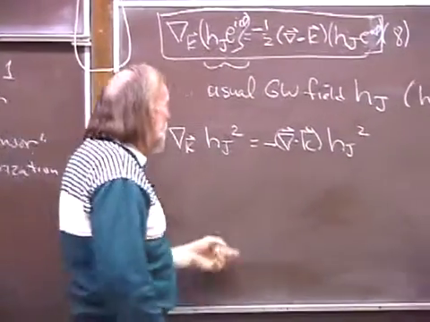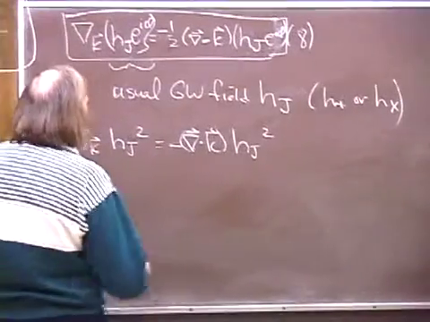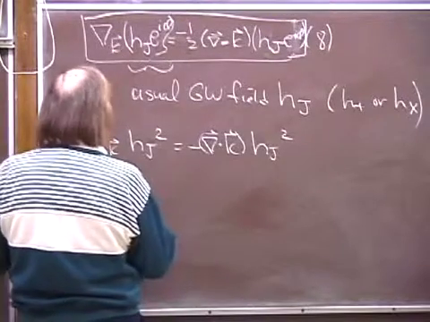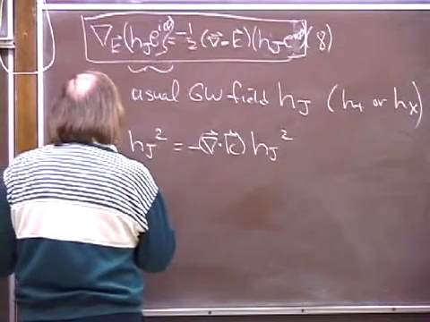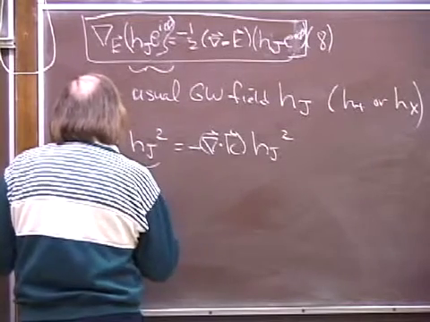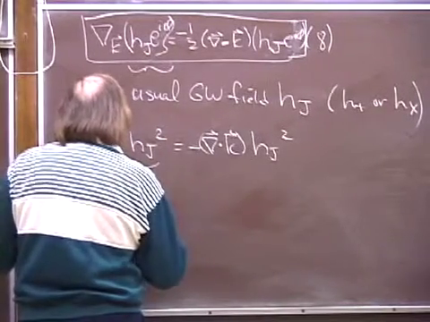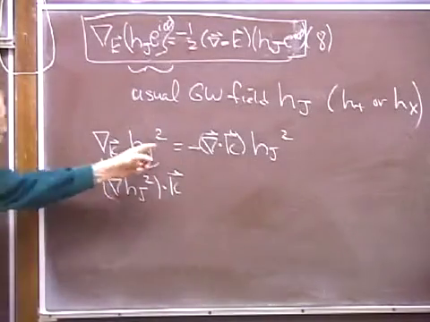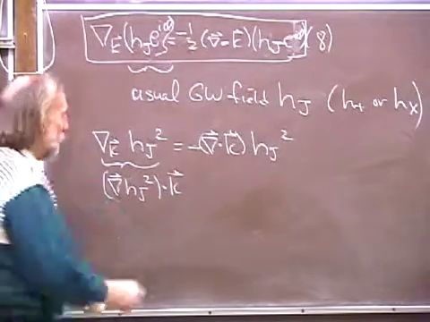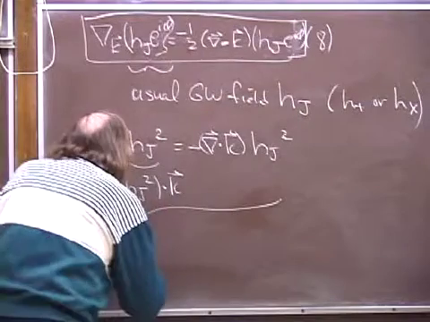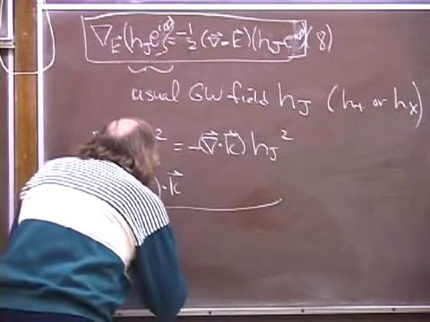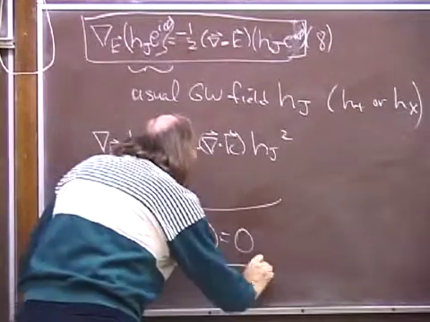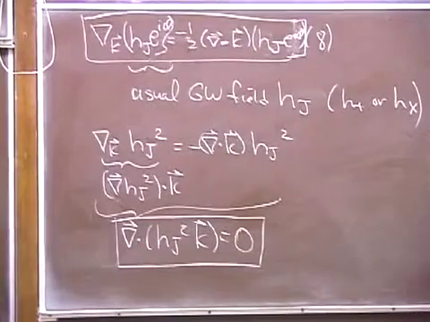But now I can pull this to the left-hand side, and that's equal to the gradient of h_j squared dotted into k. And so if I just pull the right-hand side to the left-hand side and combine terms, I wind up with the divergence of h_j squared times k is equal to 0. And this is the form of the propagation law that I really want to use.